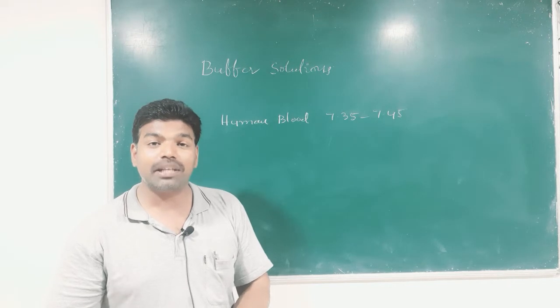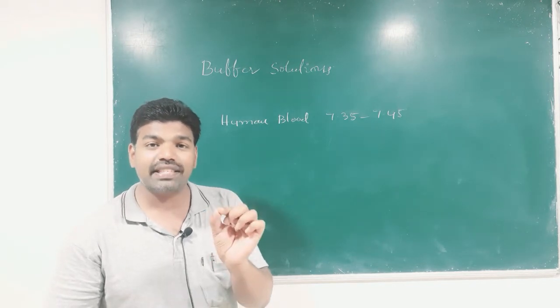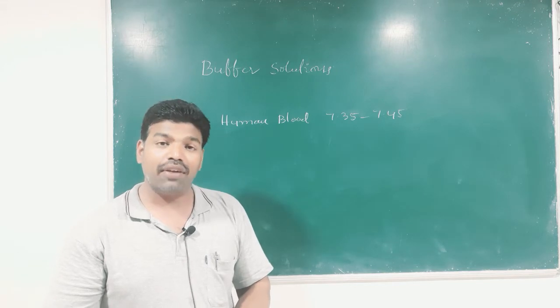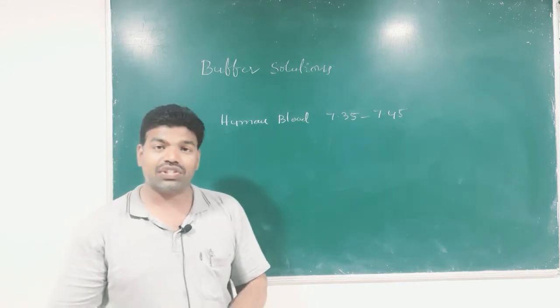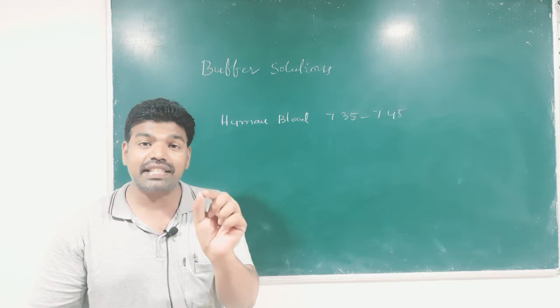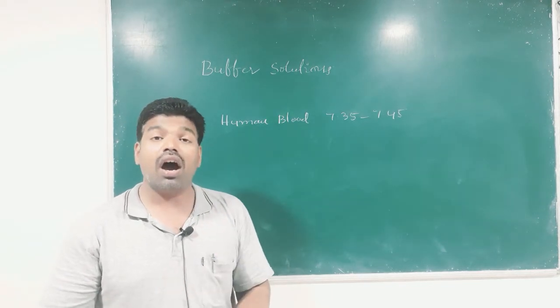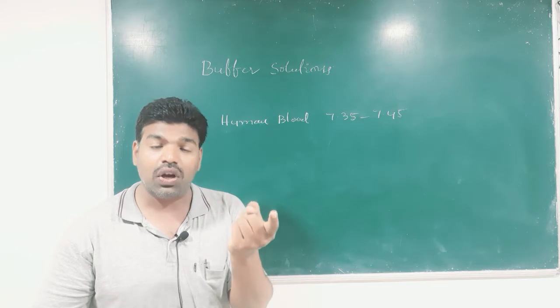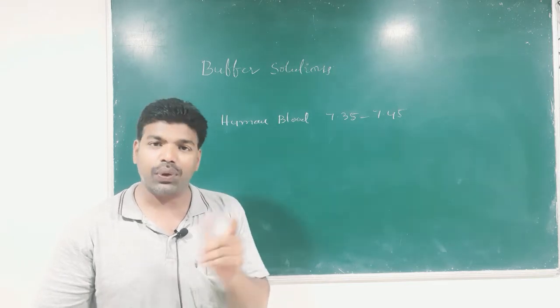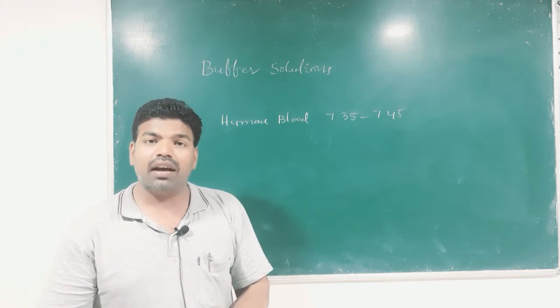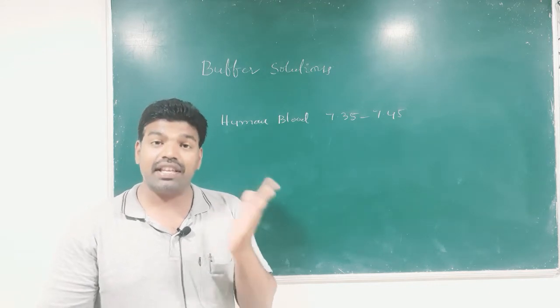That buffer is the carbonic acid and bicarbonate anion buffer. Therefore, a buffer is one which resists any change in pH on dilution or by addition of an acid or a base to it.